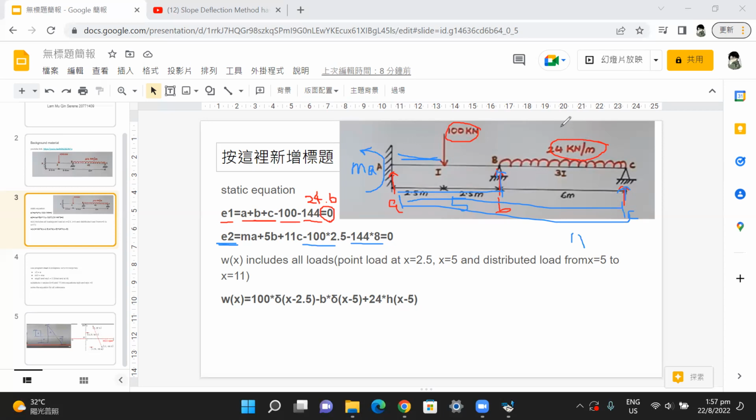And 8 is the midpoint of the distributed load. And we could also get this one equals to 0.